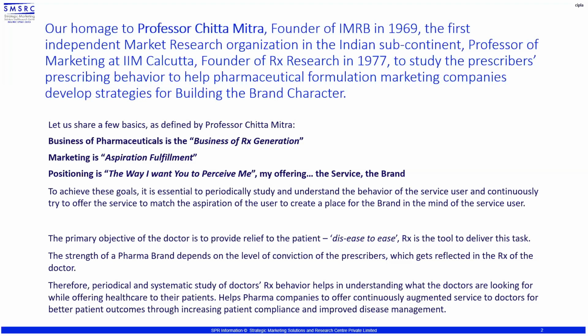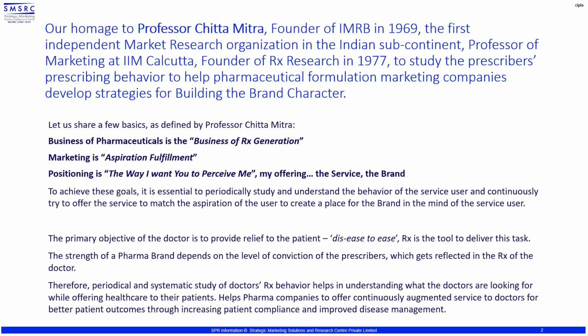Therefore, periodical and systematic study of the doctor's prescription behavior helps in understanding what the doctors are looking for or aspiring for while offering healthcare to their patients. It helps pharma companies to offer continuously augmented service to doctors for better patient outcomes through increasing patient compliance.